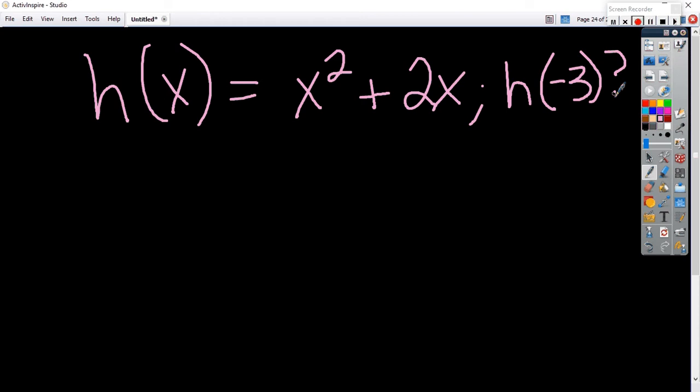You just fill in all the x's. Here's an x and here's an x, so those are going to get replaced with negative 3.